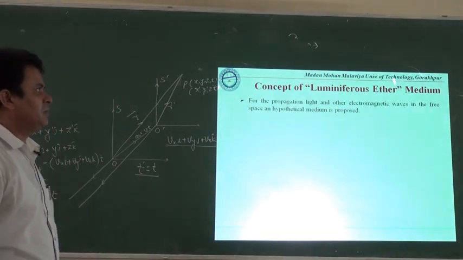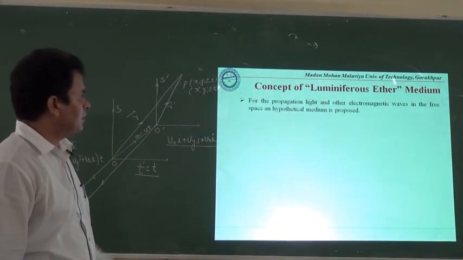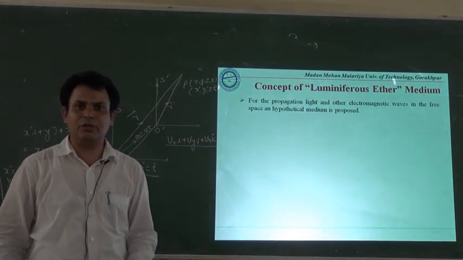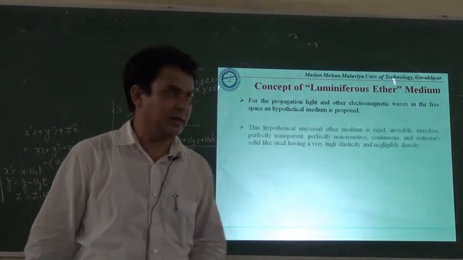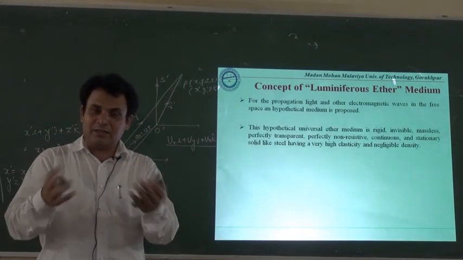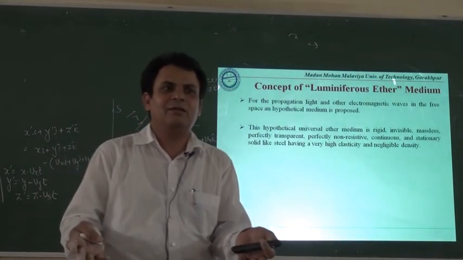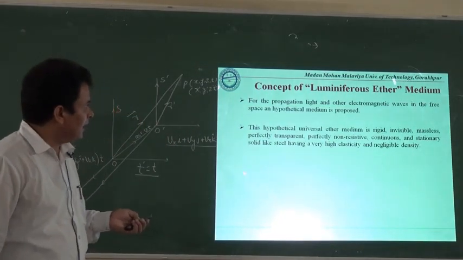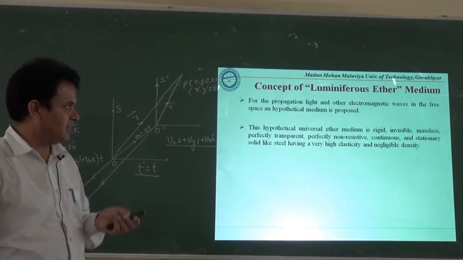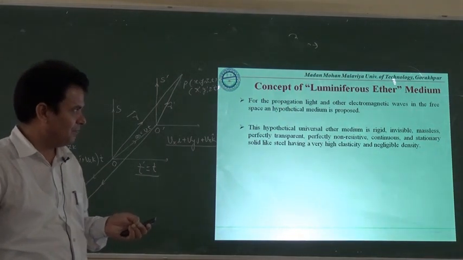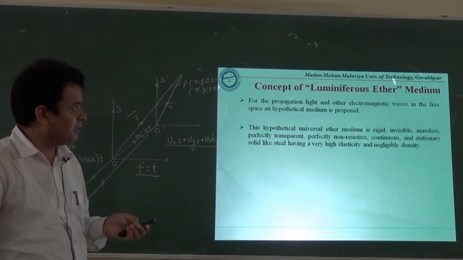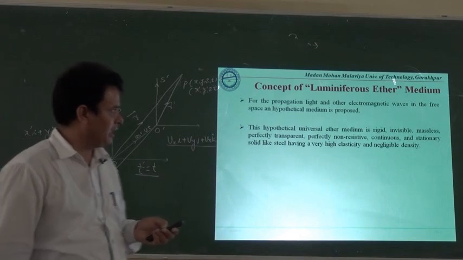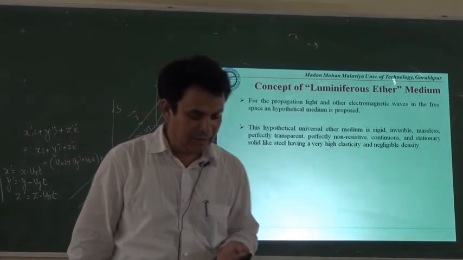So what was the concept of this luminiferous ether medium? For the propagation of light and other electromagnetic waves in free space, a hypothetical ether medium was proposed by scientists. And the characteristics this ether medium may have were also suggested. Let us see carefully. That medium should be perfectly transparent, perfectly non-resistive, constant, continuous and stationary, solid like steel, having very high elasticity and negligible density.